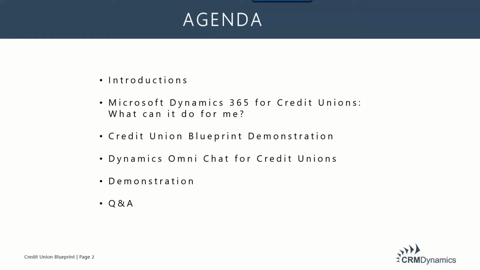Then we're going to have a demonstration of that accelerator. We would also like to talk to you a little bit about the omni-chat capabilities that we have developed, again, on Dynamics, specifically for credit unions, so we can show you how you can improve your digital sales experience and really turn browsers into buyers. And then we'll save some time at the end for Q&A.